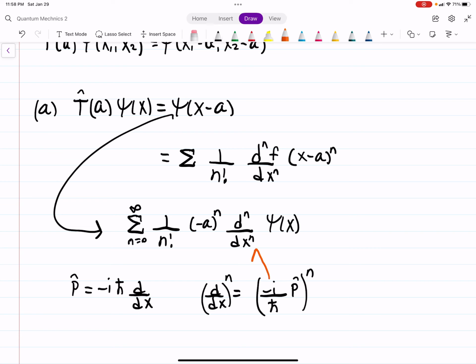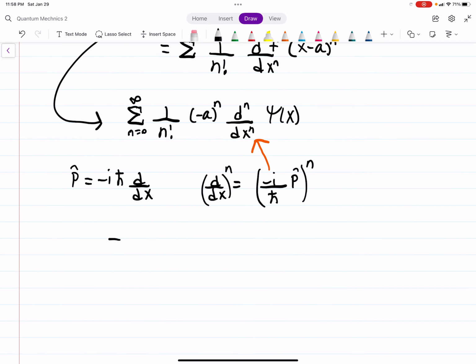We can now plug this into here. So we have our infinite sum, that doesn't change. And now I'll have, I'm sorry, that should be a positive because we divided that over and then moved it up. Sorry about that. Minus i a over h bar, the momentum operator to the nth power, and then you just have your wave function.